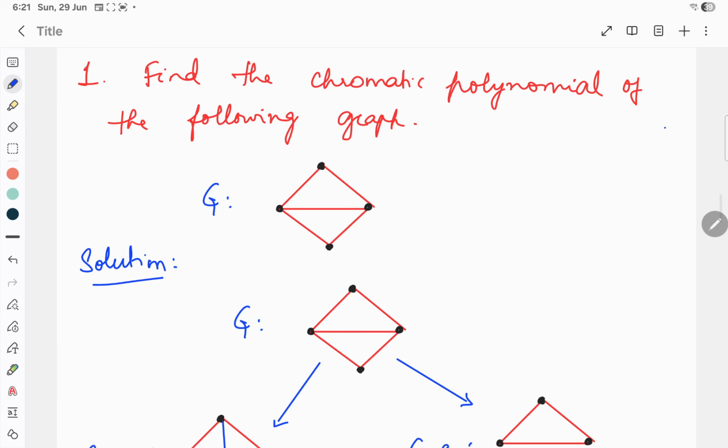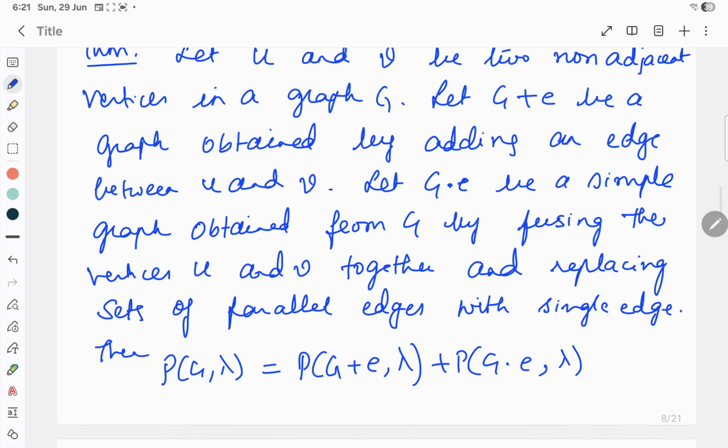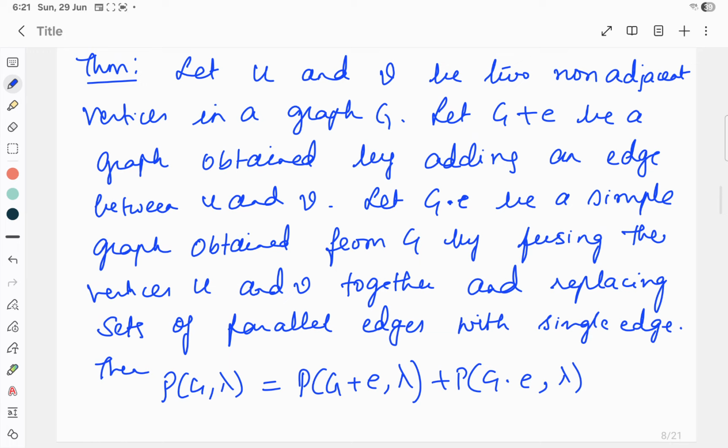Let us apply the above theorem. So what does the theorem state? If u and v are any two non-adjacent vertices of the graph, then G plus E is the graph obtained by adding an edge between u and v. So u and v are non-adjacent vertices; you make them adjacent by adding an edge E.